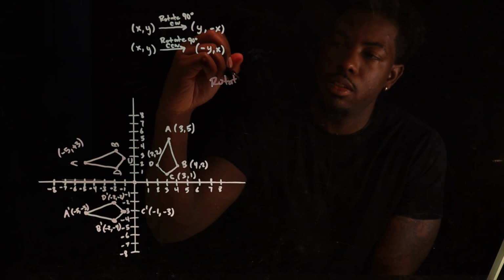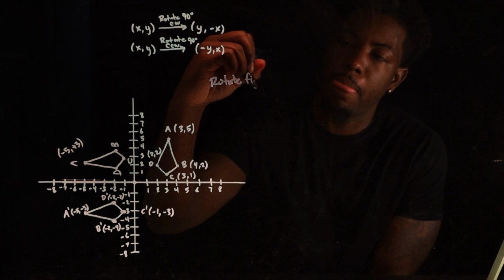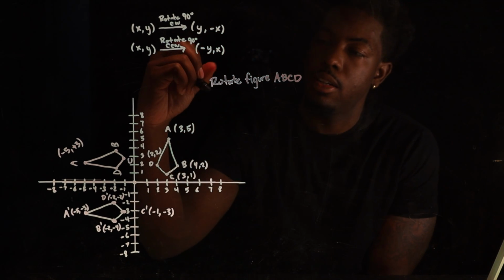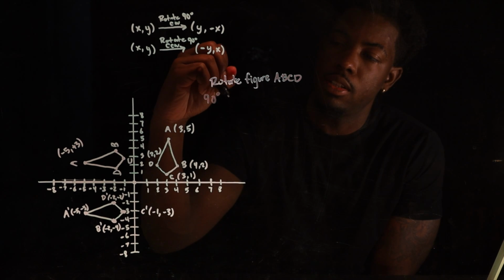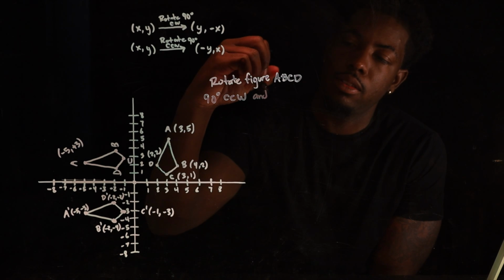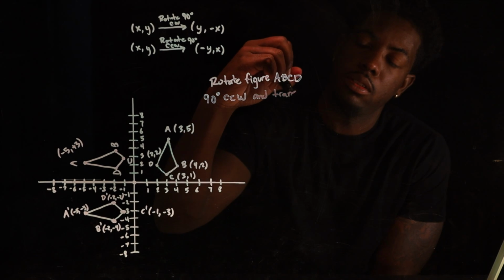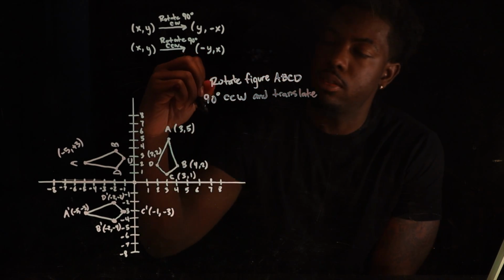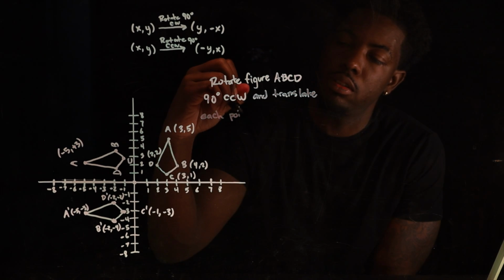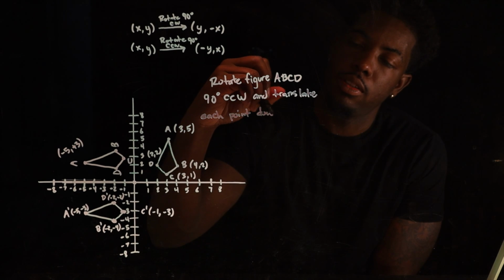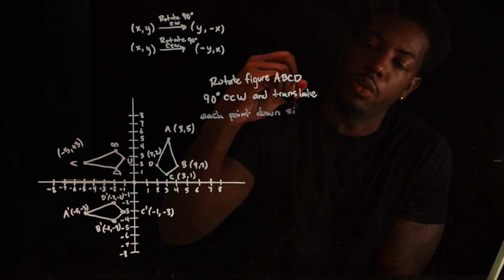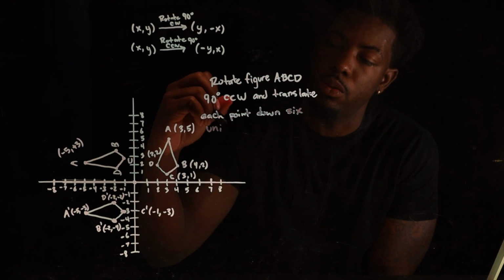Rotate figure ABCD 90 degrees CCW, which is counterclockwise, and translate each point down 6 units.